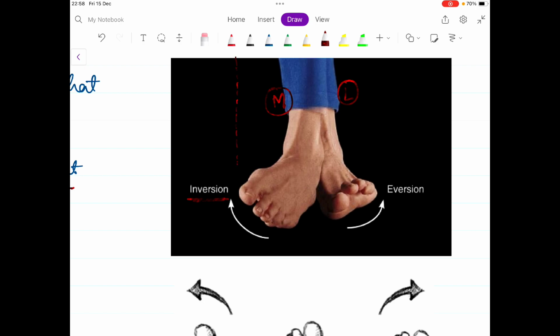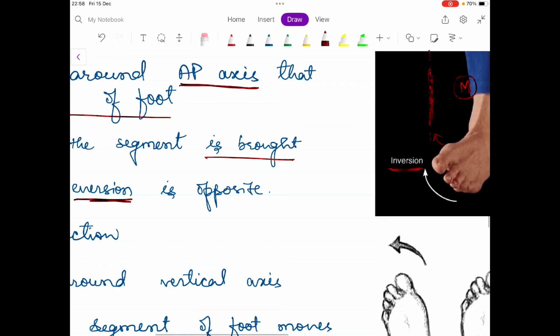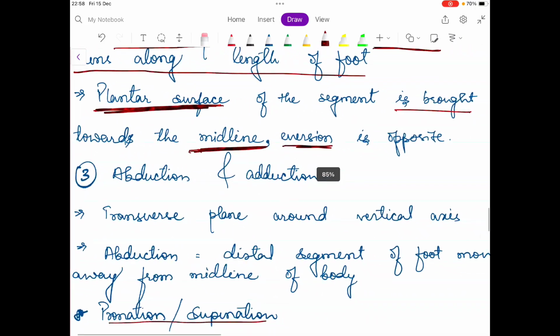So if the plantar surface moves towards the midline, that is known as inversion. But in this second diagram, in eversion, the plantar surface of the foot is moving away from the midline, because the midline is here and the movement is in the complete opposite direction. So this is what happens in inversion and eversion.